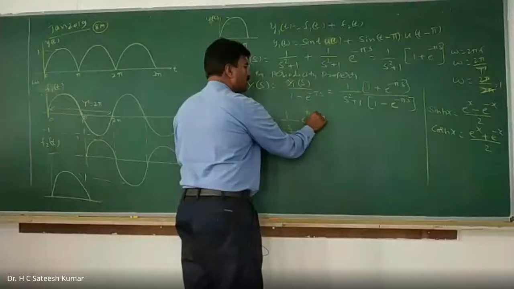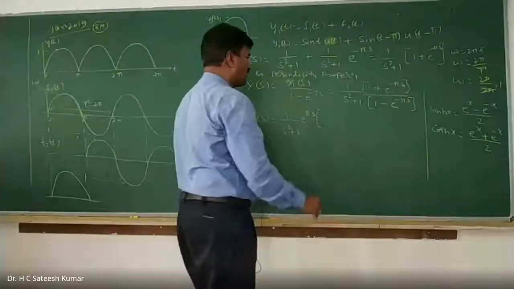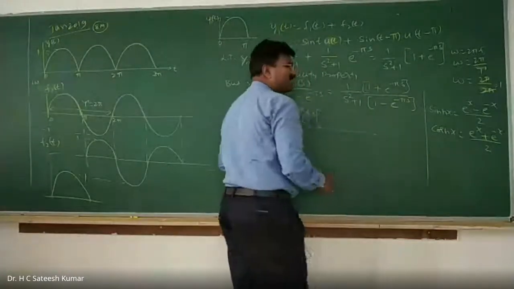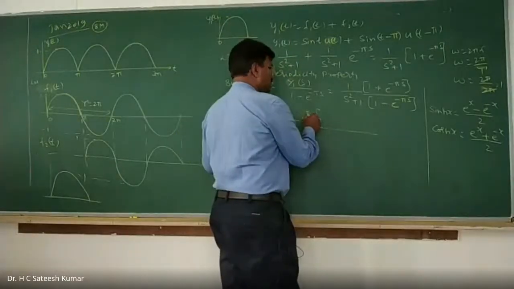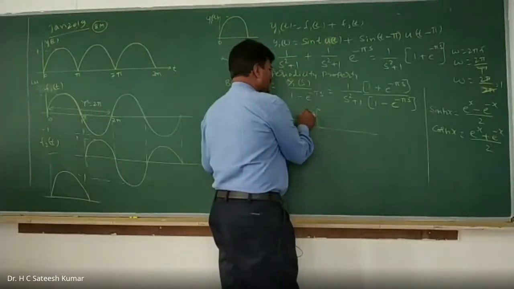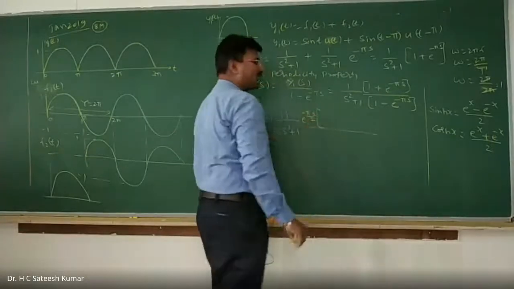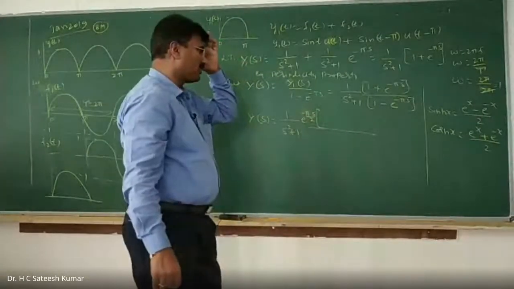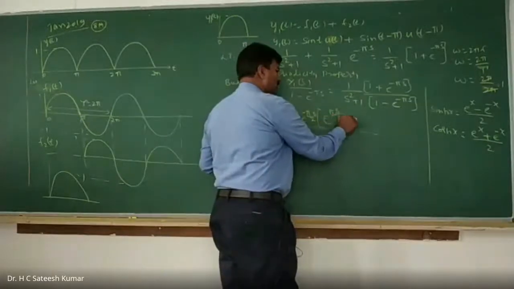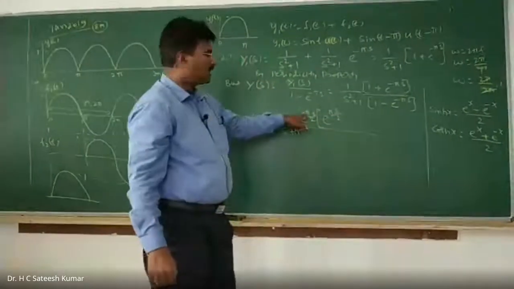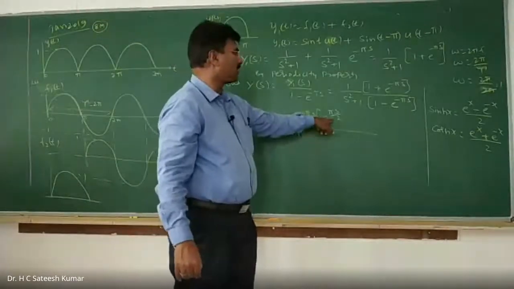E to the power of pi s, if you take it outside in the numerator, pi s by 2, e to the power of minus pi s by 2, I will take it out. If you take out e to the power of minus pi s by 2, now what is left out here? E to the power of pi s by 2. Multiply it, you will get 1.